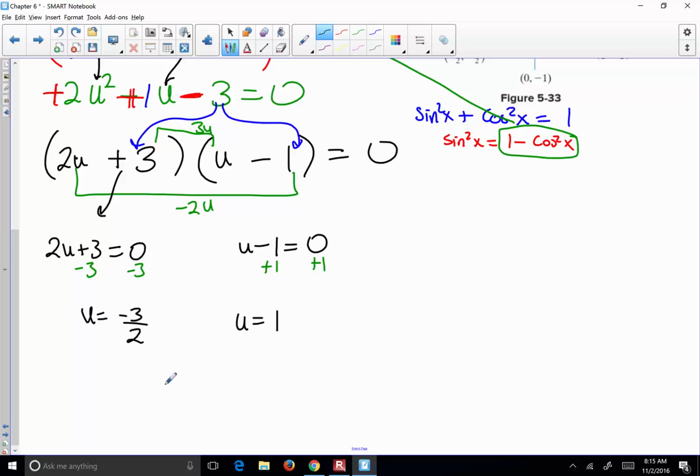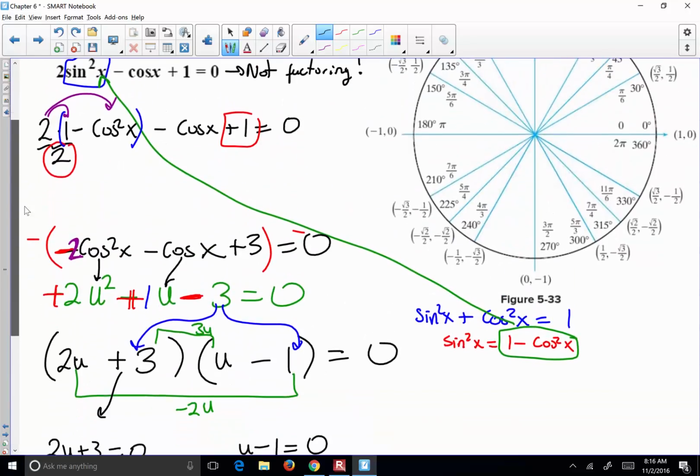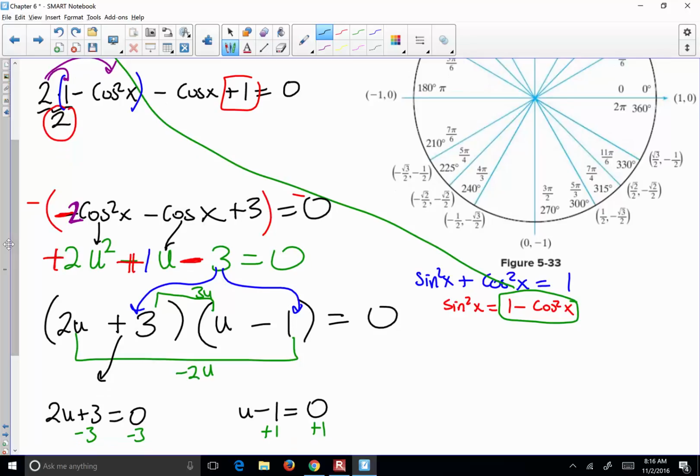Well, wait a minute, we are not solving for u's in this question, we are solving for cosines or x's. So we need to revert this back to cosine x, and this one is another cos x. Is everything I did clear so far? Let me go back and give you a moment to think about this.